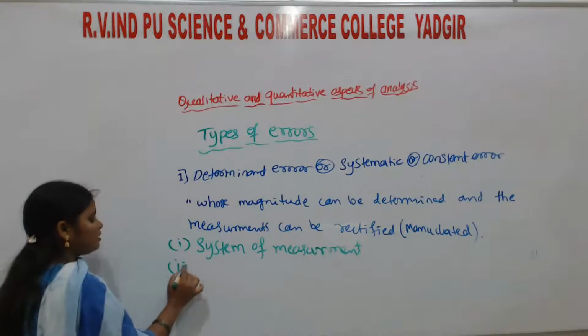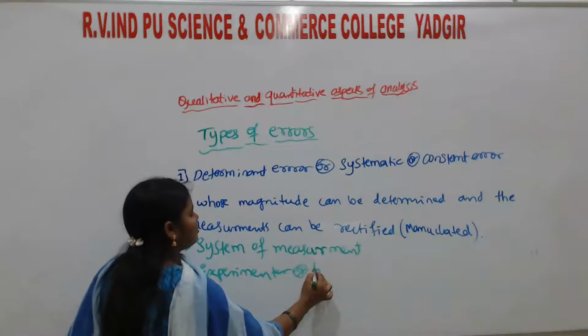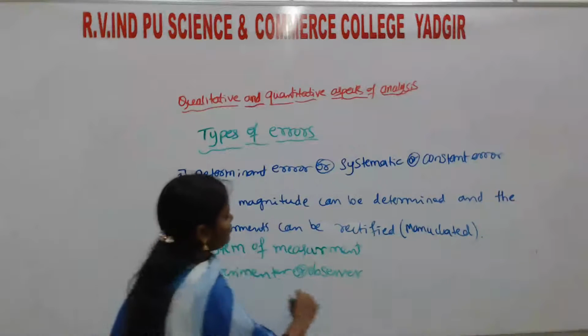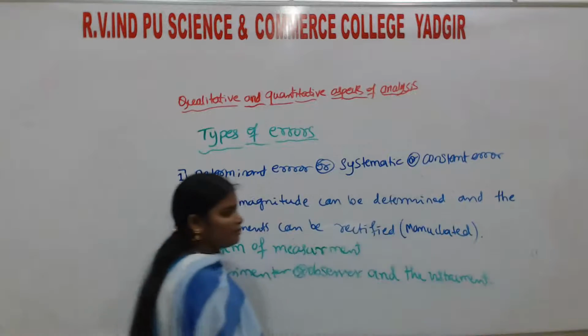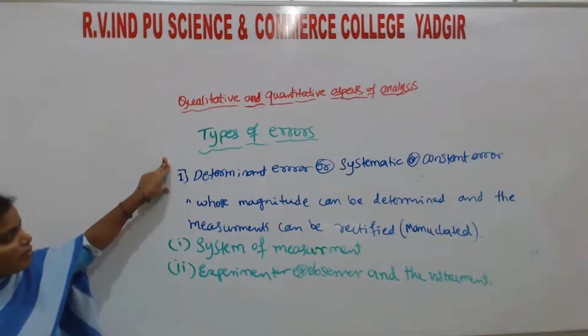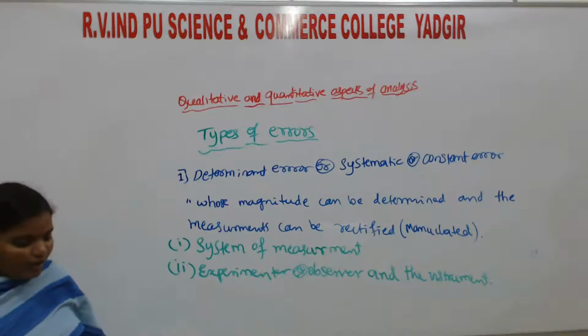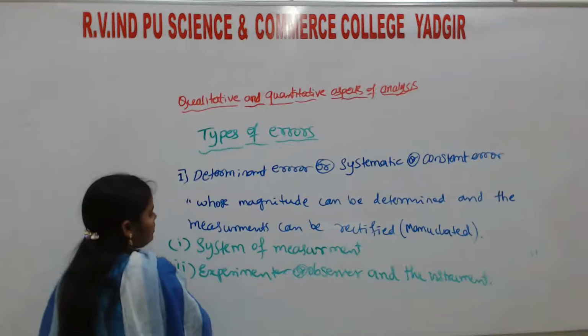According to these two factors, we get a determinate error, and based on this, determinate errors are classified into five categories.